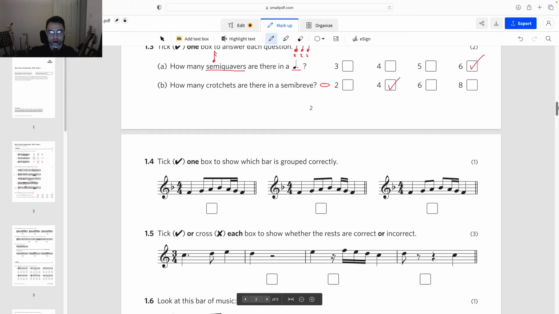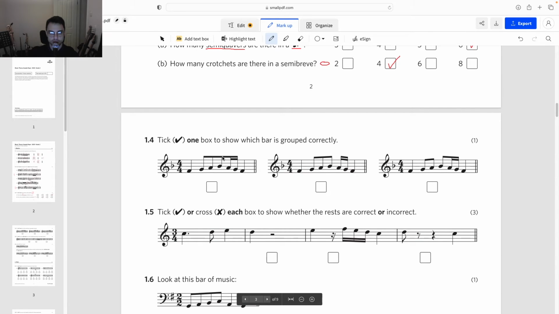So we want to look for a piece of music that immediately stands out as being the most readable piece. And this, to me, just from looking at it, is the most readable piece of music. So I would venture that this is the answer to the question. But let's just go to the other examples and see why maybe they're wrong.